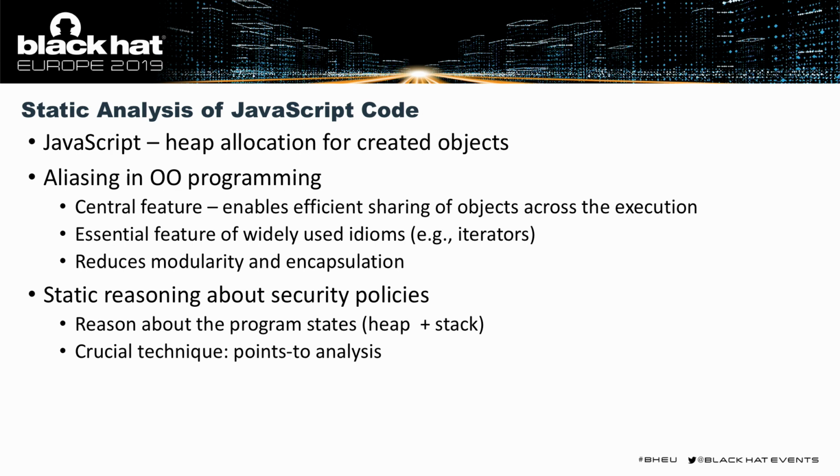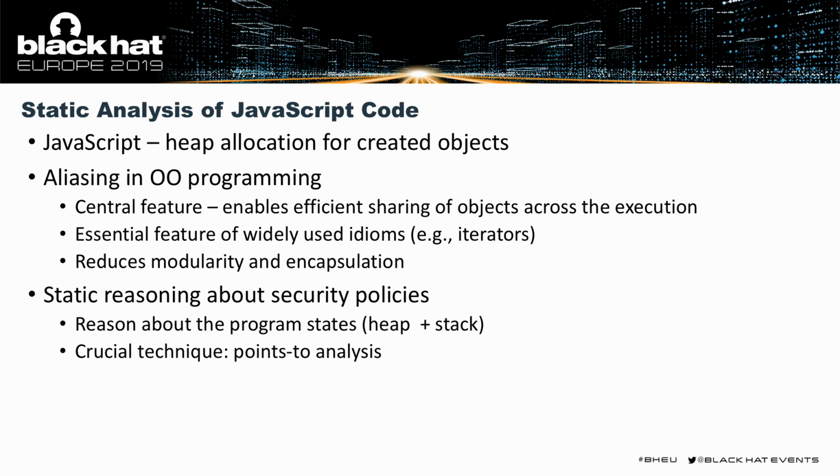First, you have to deal with the heap allocation, and then you have to deal with aliasing. Aliasing, like in any other programming language, enables quick sharing across the execution, and it's an essential feature. However, it breaks encapsulation, it breaks modularity. And then when you have to think about invariant setup in a global way, logic breaks down, and that's where vulnerabilities creep in, right?